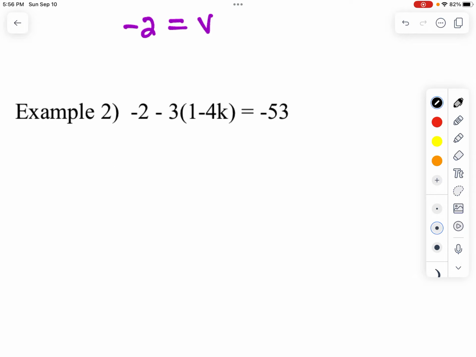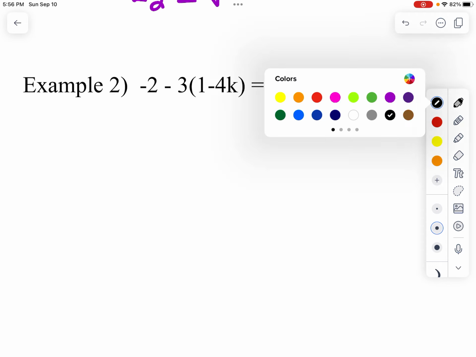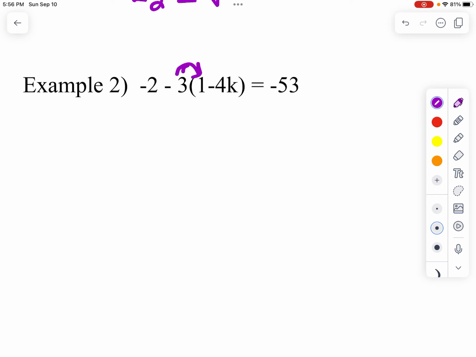All right, one more. Example 2. Because I see parentheses, my first step has to be to eliminate those parentheses using the distributive property. That -2 in the front just stays, but I'm going to multiply the parentheses through by -3.